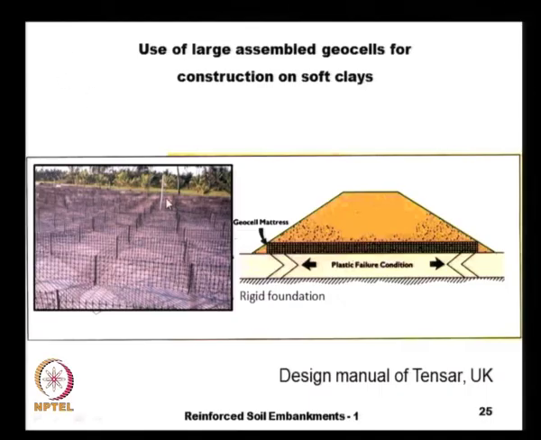On the left hand side you see an example of open geocell matrices being fabricated at the site, which will later be filled with stones or boulders or aggregates to form this stiff geocell matrix. The design and construction aspects we will see in some other lecture.